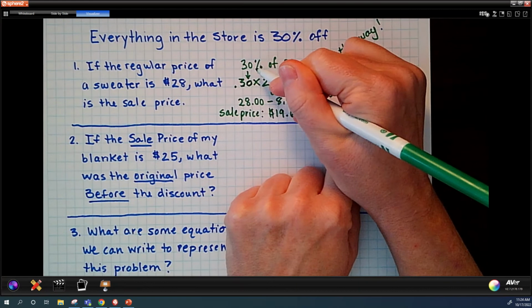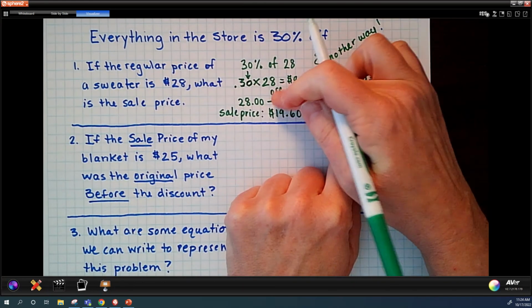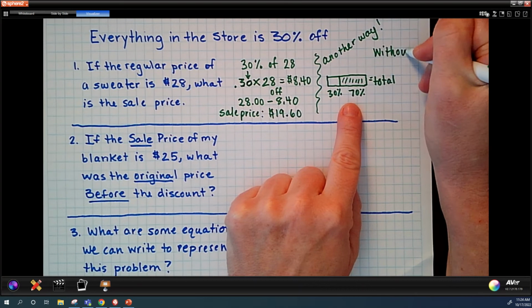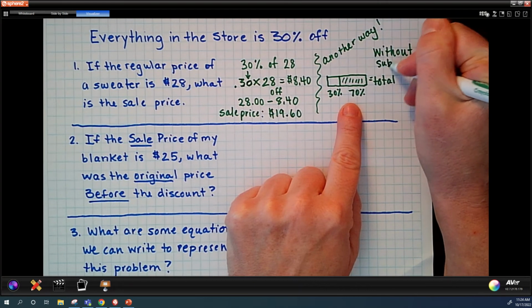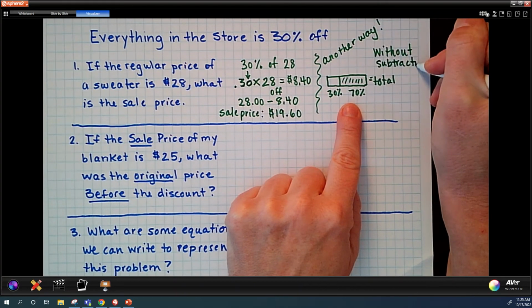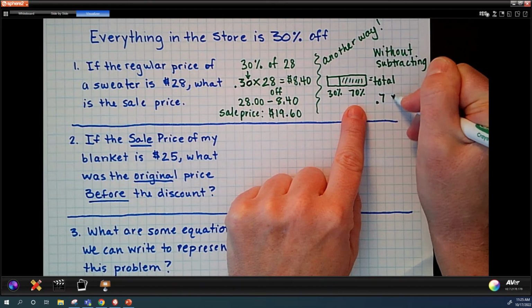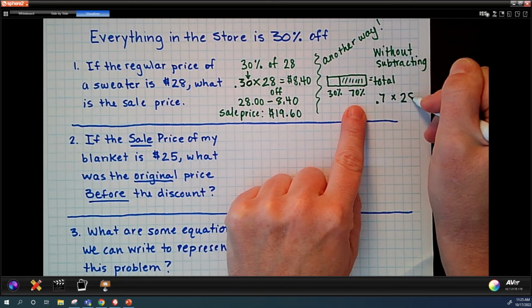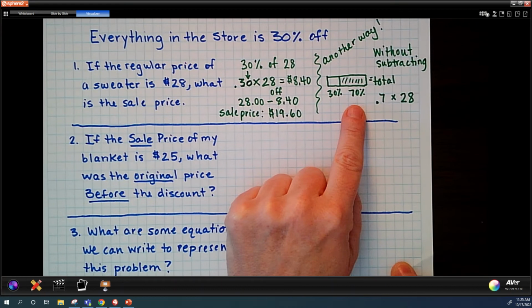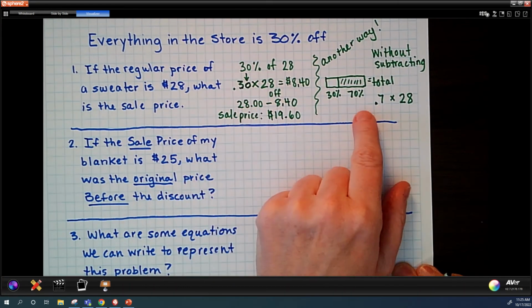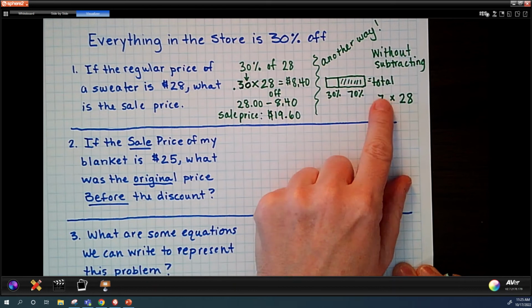If I want to get the sale price without subtracting, I can just multiply 0.7 times 28, or 70% of 28, instead of using the discount. So we're using the other part of the total, 70%.